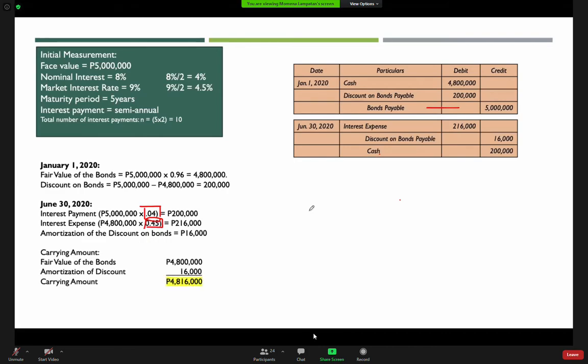Okay, so next. As of June 30, the carrying amount of our bond will be 4,816,000. How did we get 4,816,000? I-add back natin doon sa carrying value niya yung na-amortize na discount, which is 16,000. Kasi kung mapapansin mo, how do we compute for the carrying value of the bond?